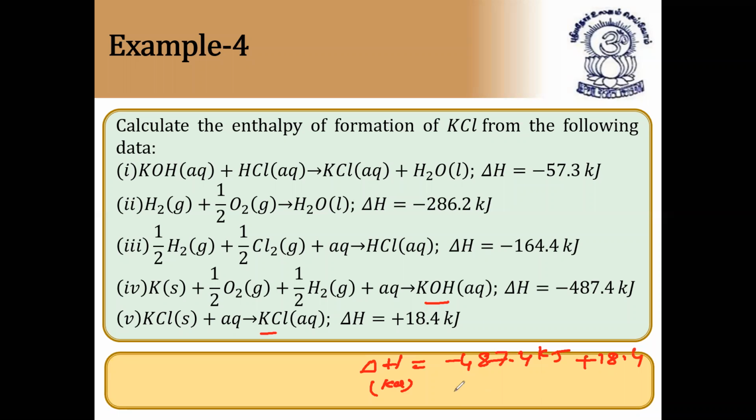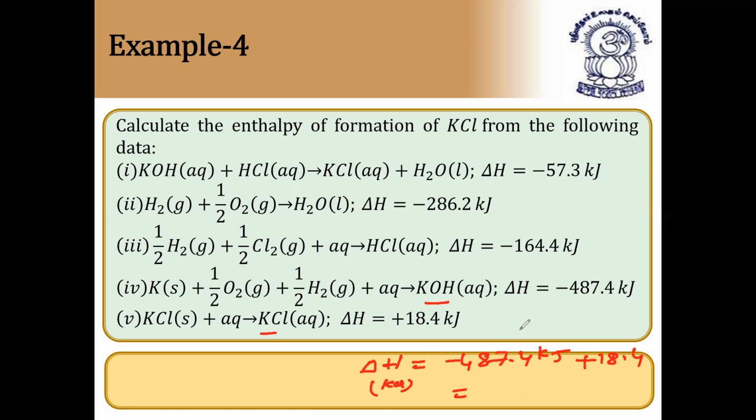So if you do this, you'll get minus 487.4 minus 18.4. It should be approximately 487 minus 18. So let us check 487 minus 18. It's equal to 467.